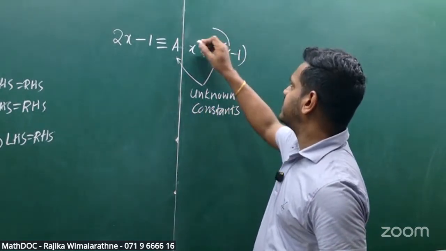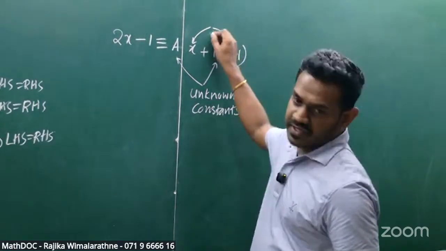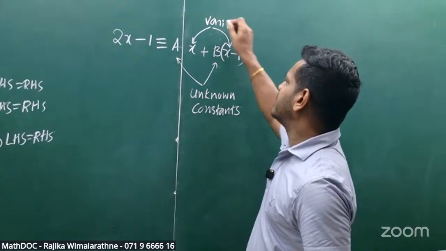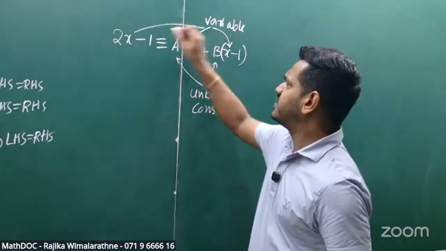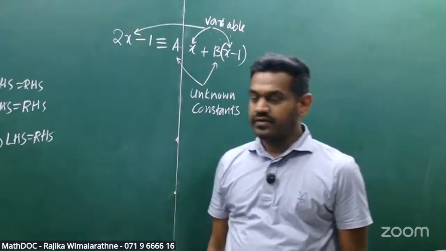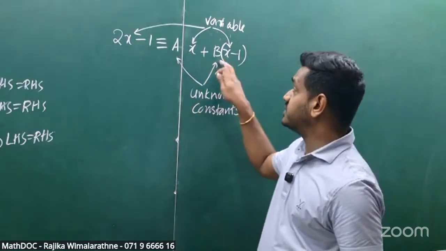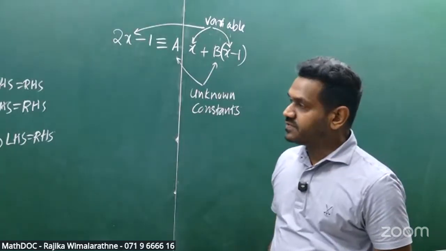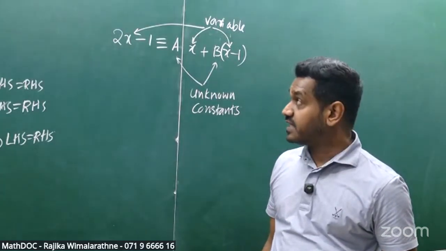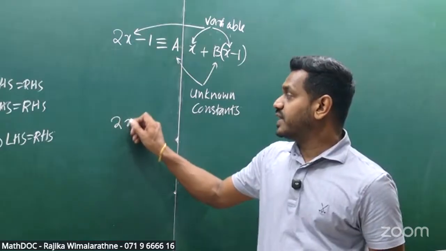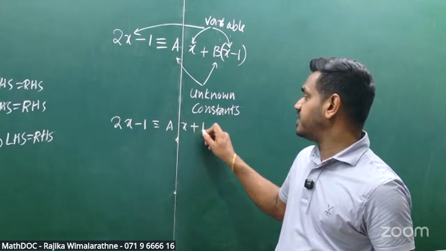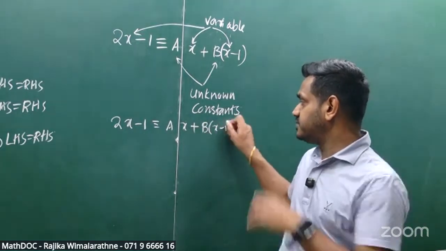Here x is the variable, and a and b are unknown constants. Here we are going to find the unknowns a and b. We have a specific technique. Consider 2x minus 1 identical to a times x plus b times x minus 1.